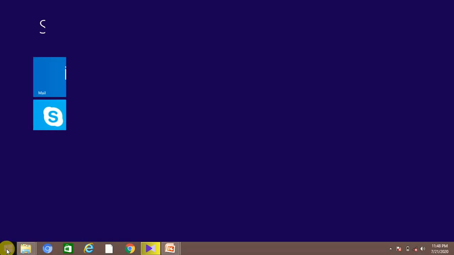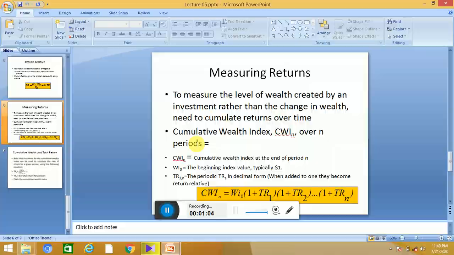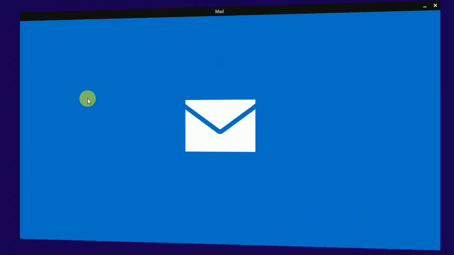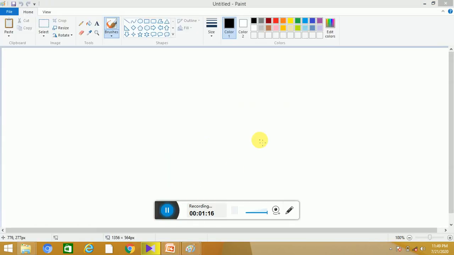We discussed that the cumulative wealth index tells you about the wealth created after some period of time.